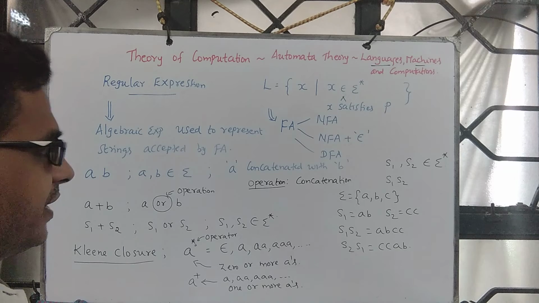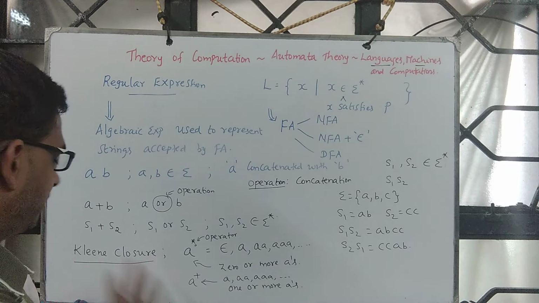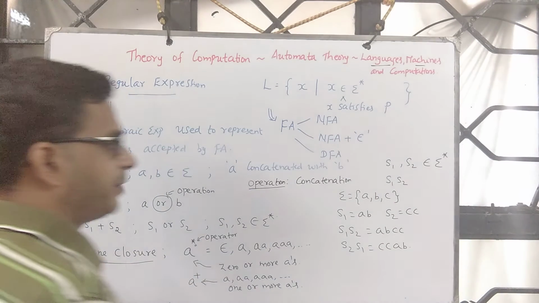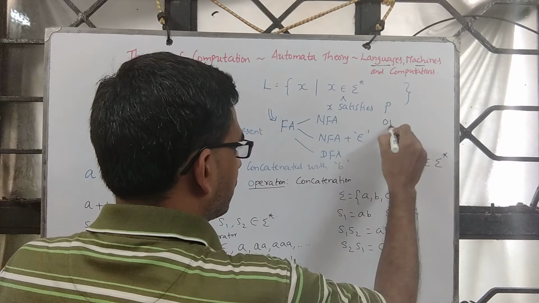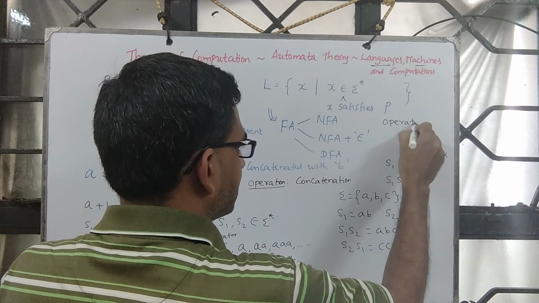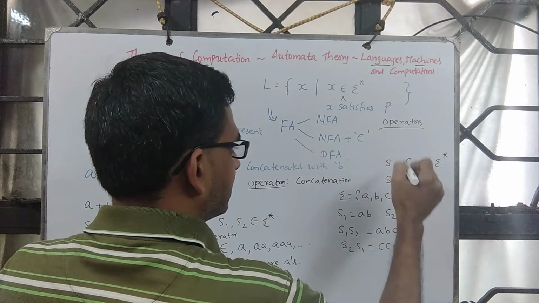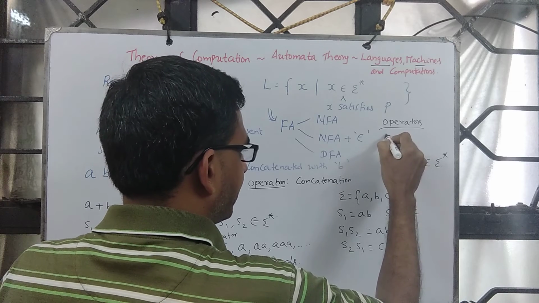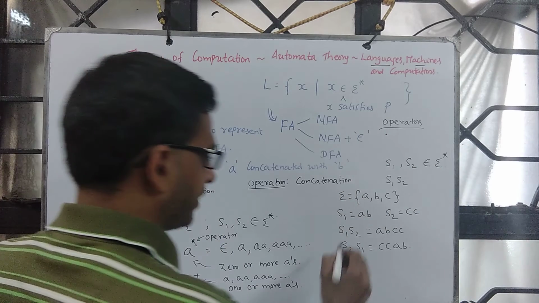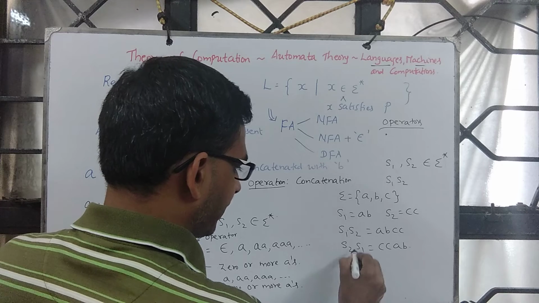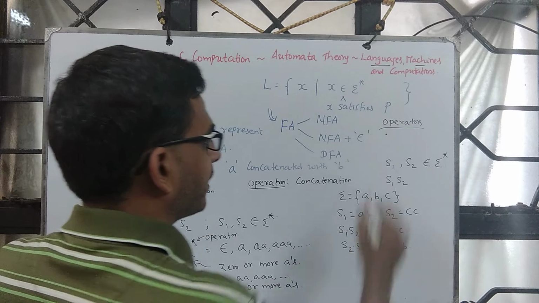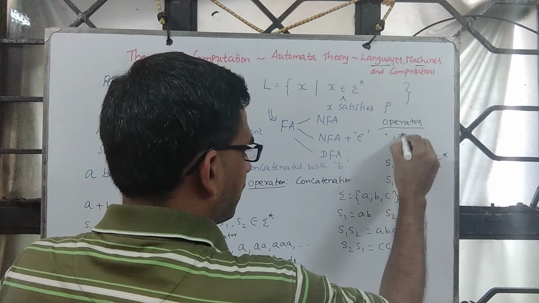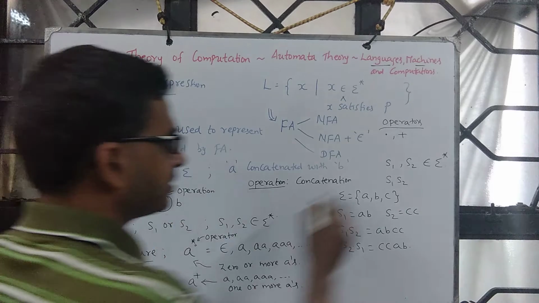Now, interestingly, so far we have seen 3 operators. One is concatenation. Let me use dot, something like S1 dot S2, S2 dot S1. Another one is the OR operator, plus.